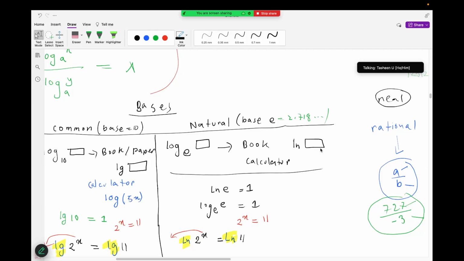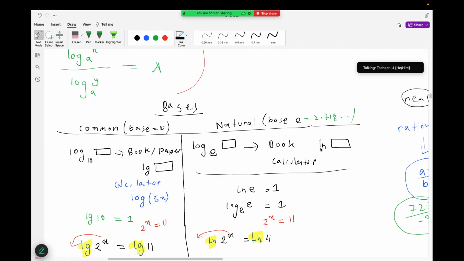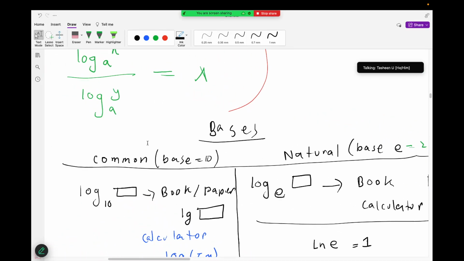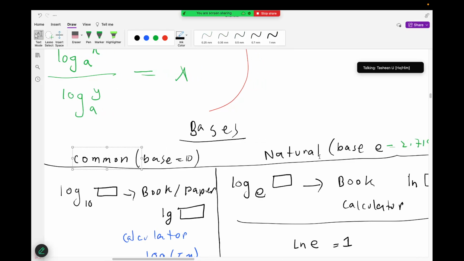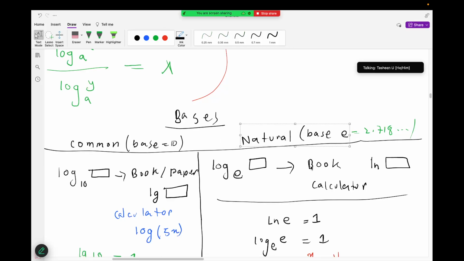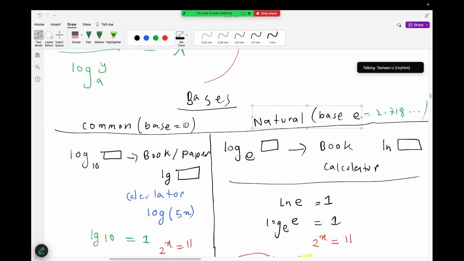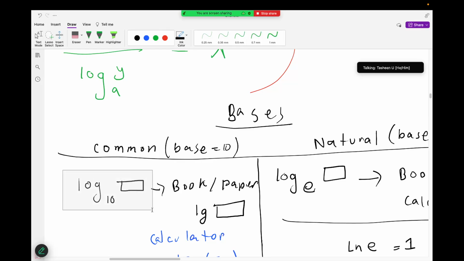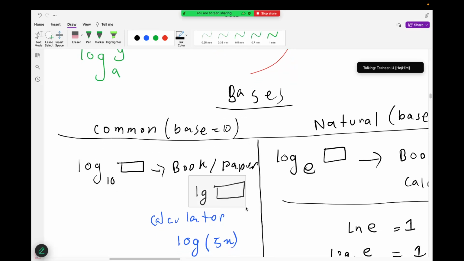Logarithms have different bases. If we have base 10, we call it the common logarithm. If the base is e, which is Euler's number, a constant 2.718 and so on, that is called the natural logarithm. In books you would find log base 10 written like this, but on a calculator it would be lg.